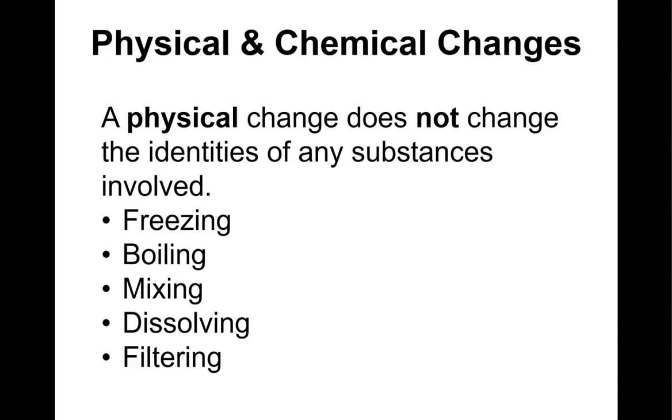Filtering: if I have some sand and some water and I want to separate the two, I can put it through a filter and the sand will remain behind and the water will go through. That's a physical change because I am not changing the identity of either of those things. I'm simply separating them from each other. And so that's an example of separating.